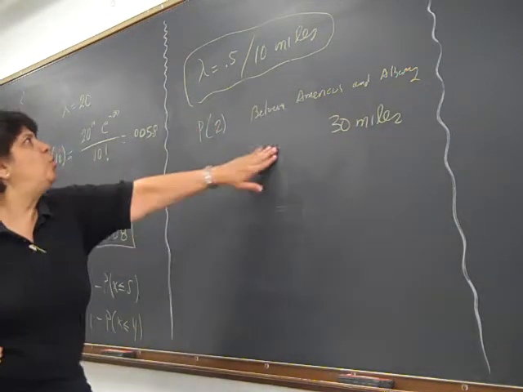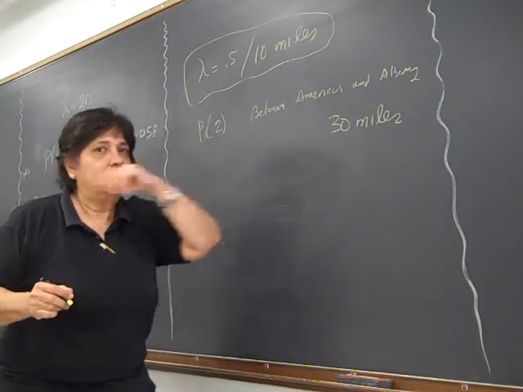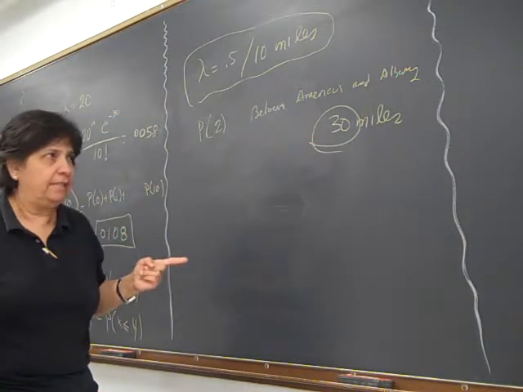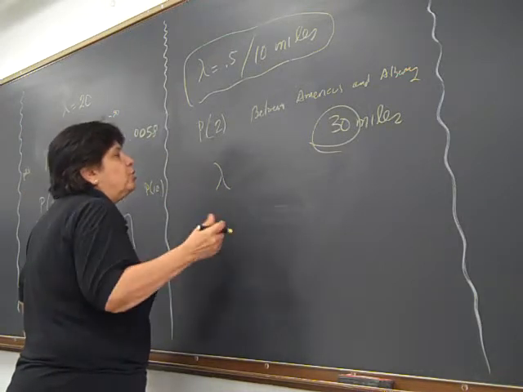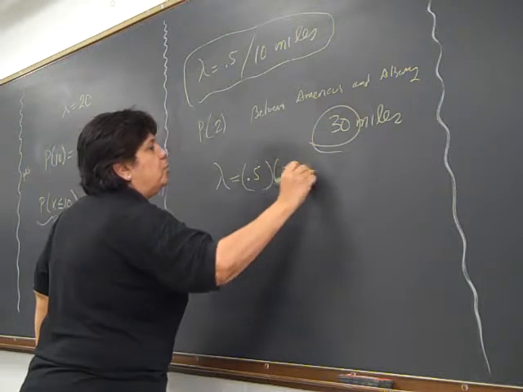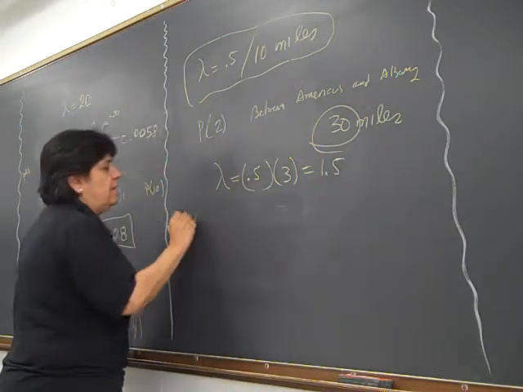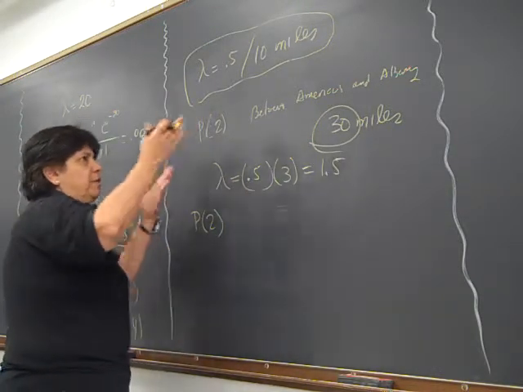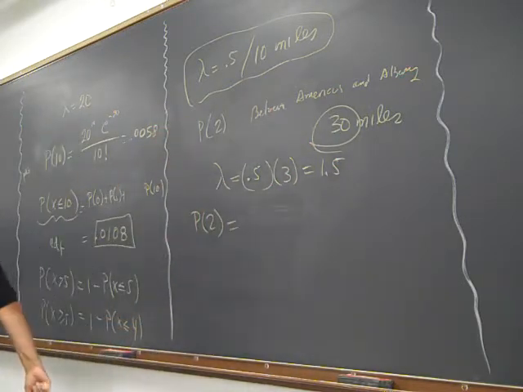So I need to adjust my lambda to my distance. In this case, my lambda is equal to 0.5 times 3, equal to 1.5, and then I use lambda equal to 1.5. I'm going to find the probability that I find 2 gas stations between Americus and Albany, and that is equal to what?